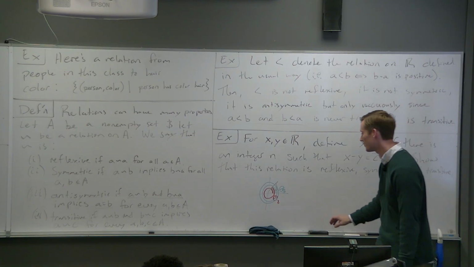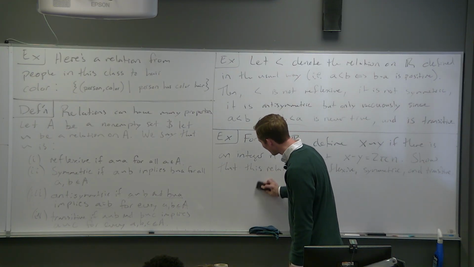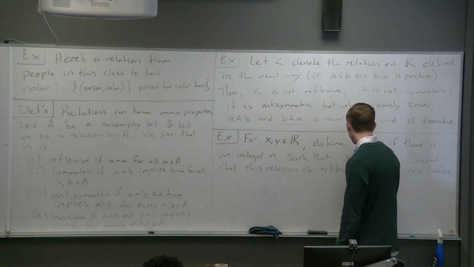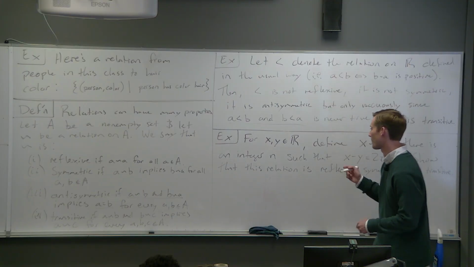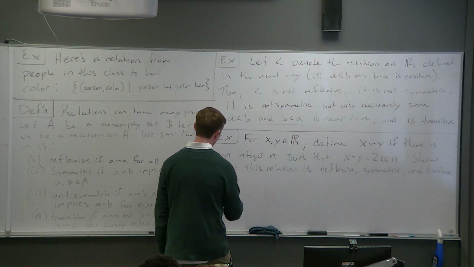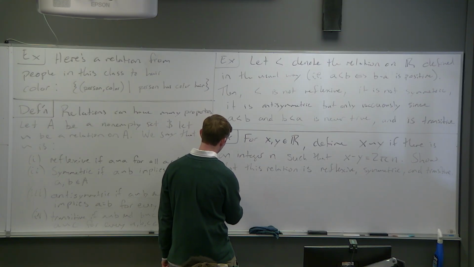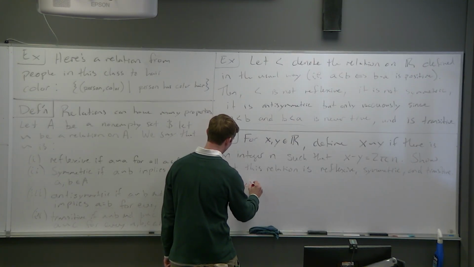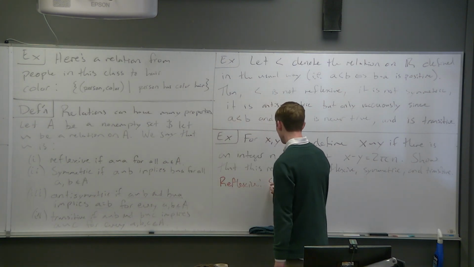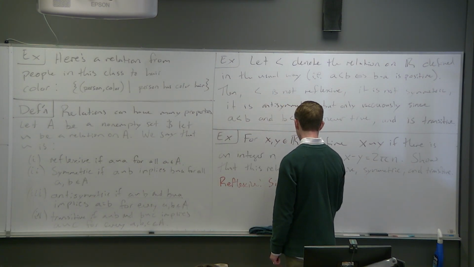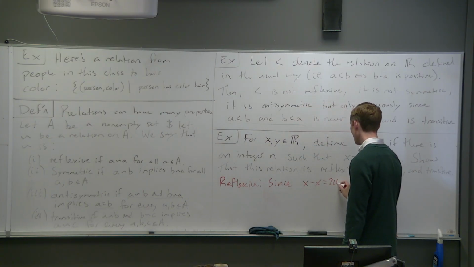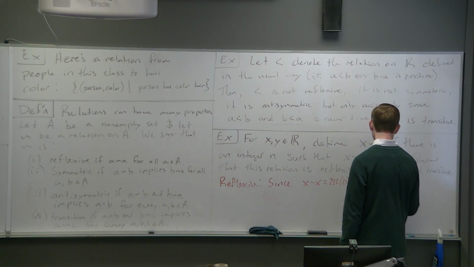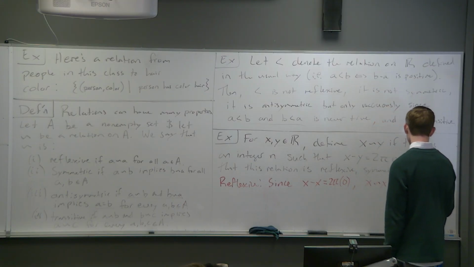Okay, kind of nice. So let's show that it's reflexive, symmetric, and transitive. So what about reflexivity? Since x minus x is equal to 2 pi times 0, x is similar to x for all x.